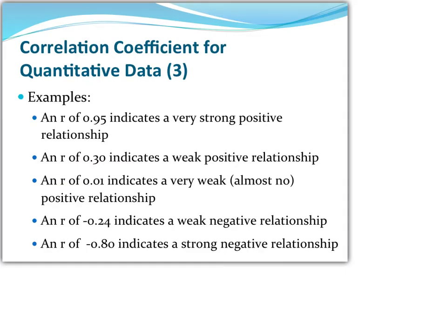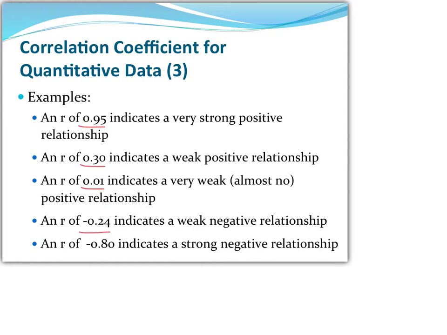For example, an r of 0.95 indicates a very strong positive relationship or correlation, as this value is very close to 1. An r of 0.30 indicates a relatively weak positive relationship or correlation. An r of 0.01 indicates a very weak positive relationship, almost no relationship or correlation, as this value is very close to 0.